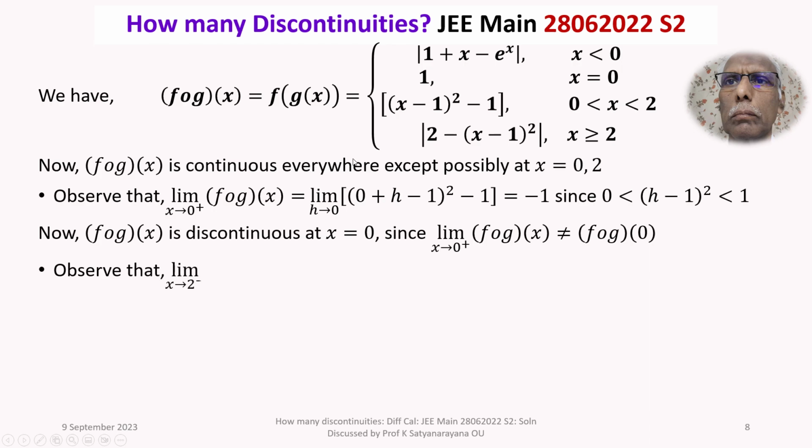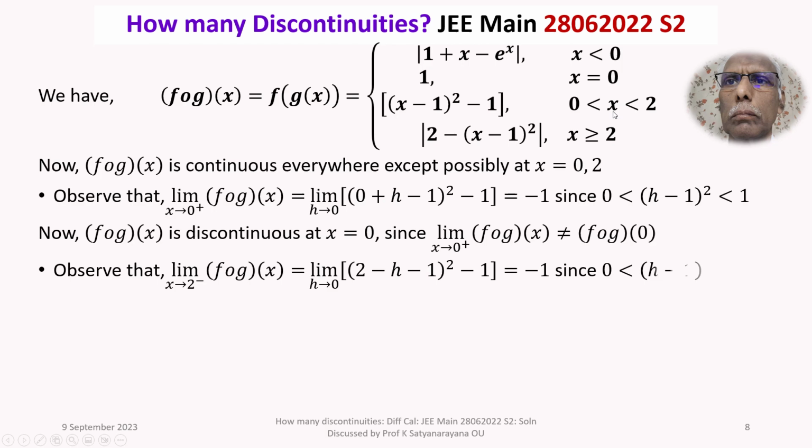So let's get into the limit as x tends to 2. Limit as x tends to 2 minus. Get into this branch. Extending to 2 minus, that means this branch. So write for x, 2 minus h. Limit as h tends to 0, 2 minus h minus 1 whole square minus 1, bracket of that.